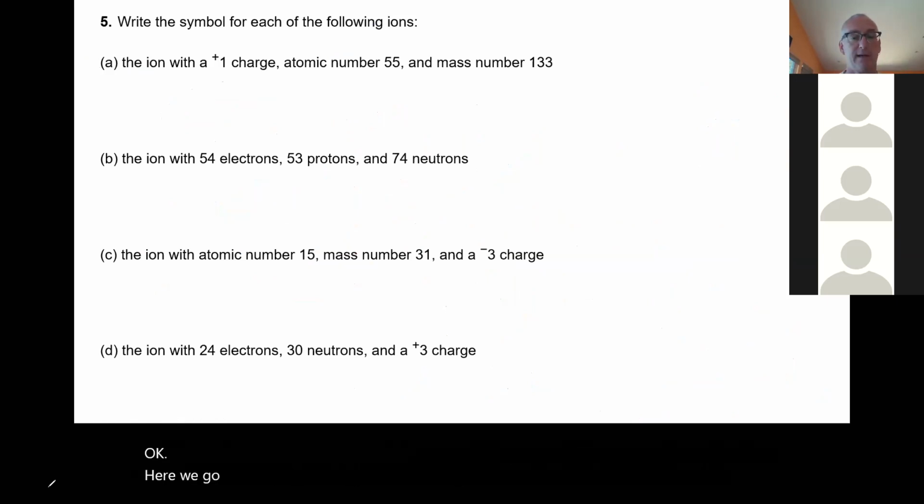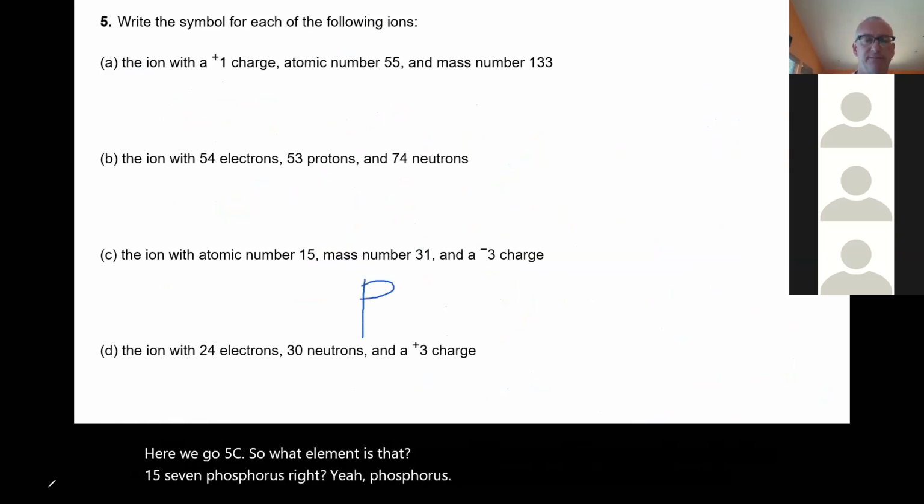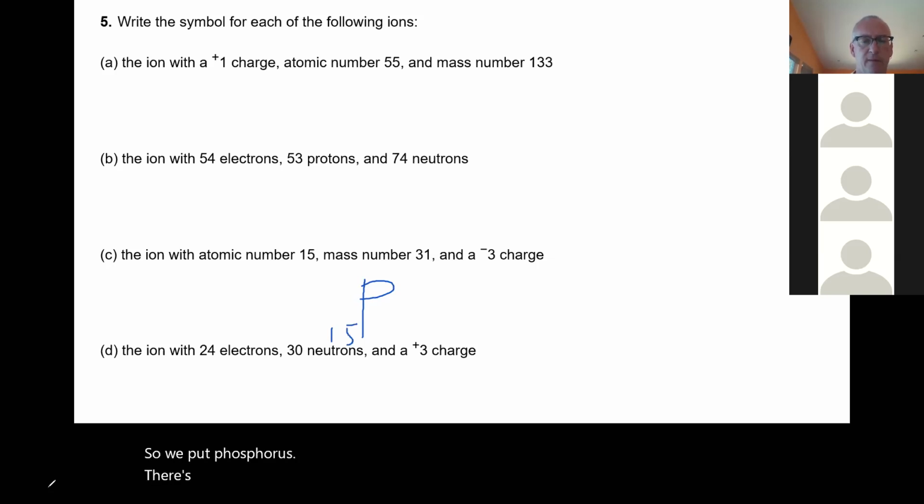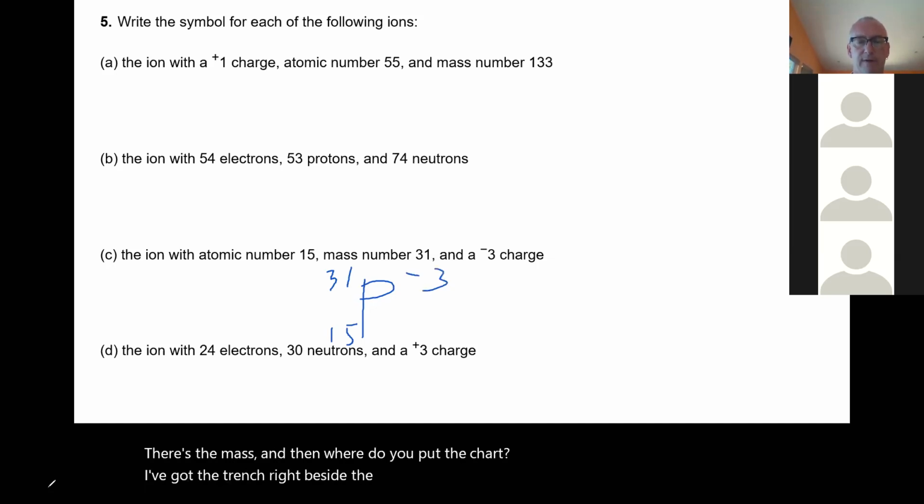So what element is that? 15. Phosphorus. We put phosphorus. There's the number. There's the mass. And then where do you put the charge? I put the charge right beside the symbol. Yep, -3. Right there. Done.